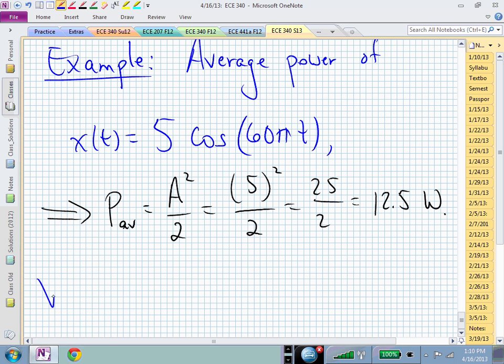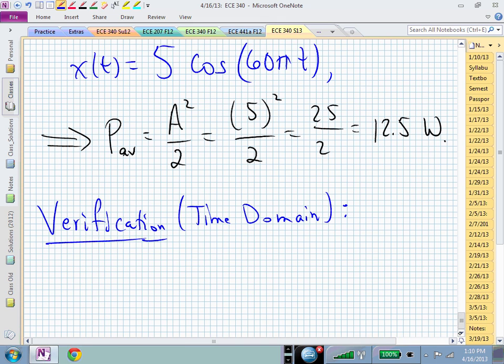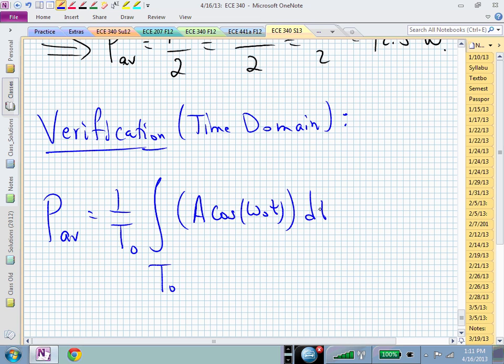Let's now just prove that to ourselves, both ways. If we now look to verify that, in essence, where did that expression come from is what we're deriving now. P average was just 1 over the period, integral over a period of A cosine omega naught t dt, and we need to square that expression in general.